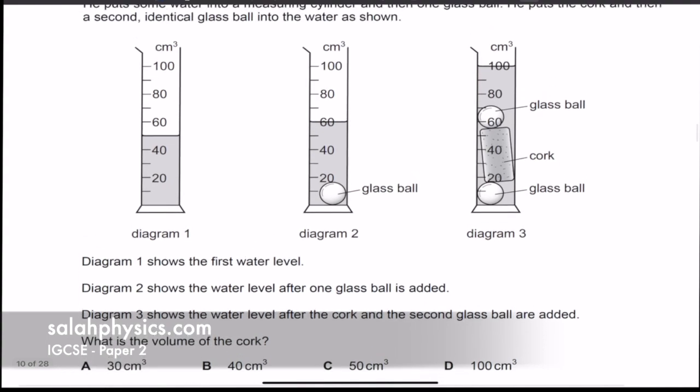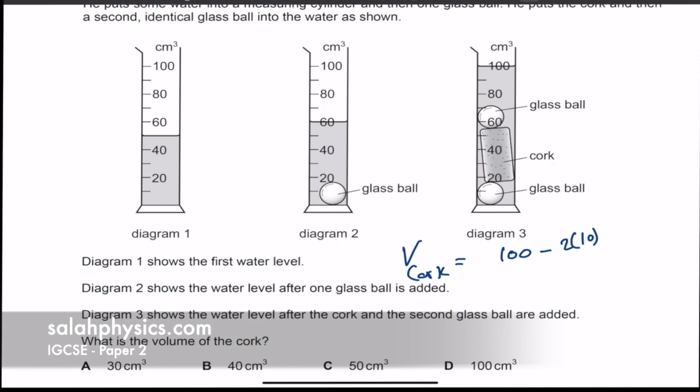Here is the idea. I'm going to write the volume of the cork. So V cork equals the total volume, which is 100, but we need to subtract the volume of the bowl, which is from 50 to 60. So I'm going to say times 2 times 10.